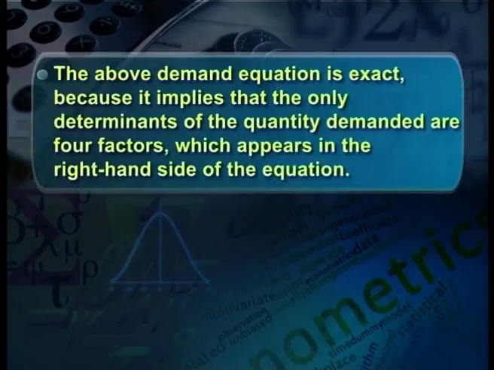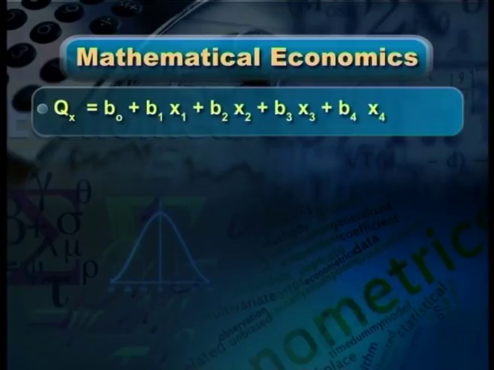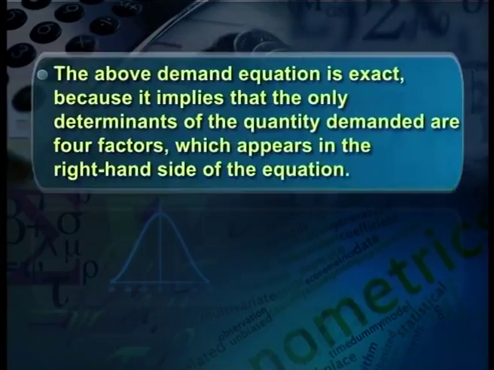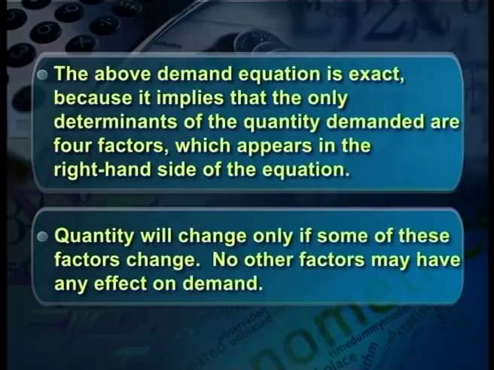We have seen that the above demand equation is exact, because it implies that the only determinants of the quantity demanded are the 4 factors which appear on the right hand side of the equation. Quantity will change only if some of these factors change. No other factors may have any effect on demand based on the mathematical economics model.